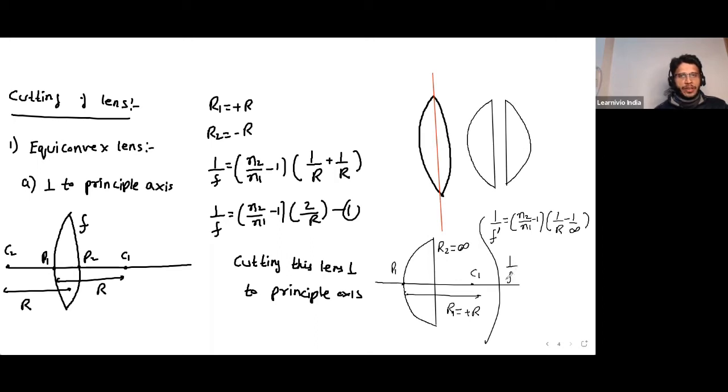So you can simply write 1 by F prime is N2 by N1 minus 1 multiplied by 1 by R. Now you can just divide 2 and 1.